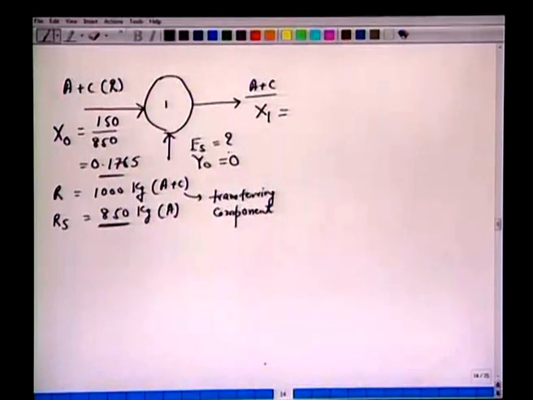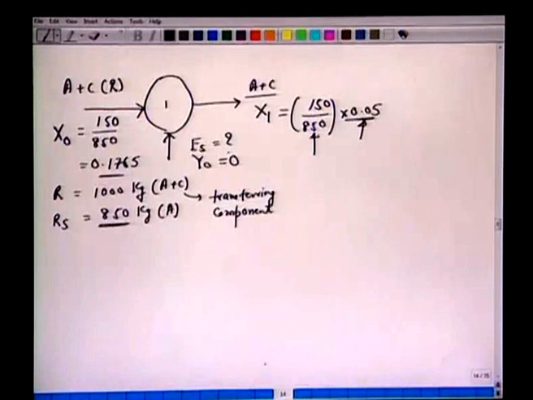We were told that component C, the transferring component, now reduces by 95%, which means if we are starting with 150, and 850, then x1 would be 150 by 850 into 0.05. So, 95% of C has been removed. We are using this solid free basis 850, it is a solvent RS, and we have 150 of C in the beginning.